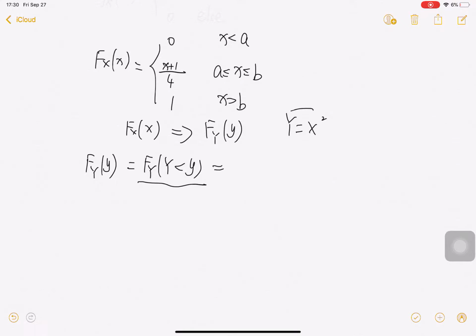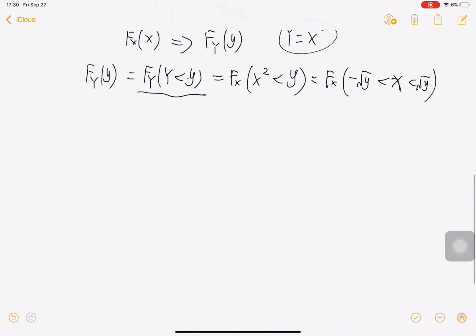So we take this equation into the density function of y, making it the probability that x squared is smaller than y. So this becomes the density function of x. Okay, so an easy transformation right here.